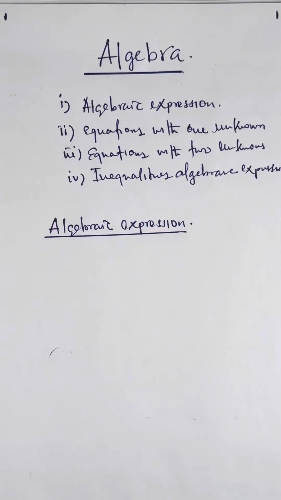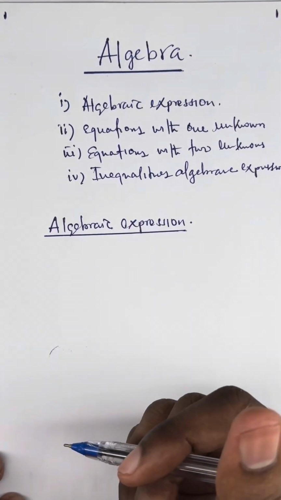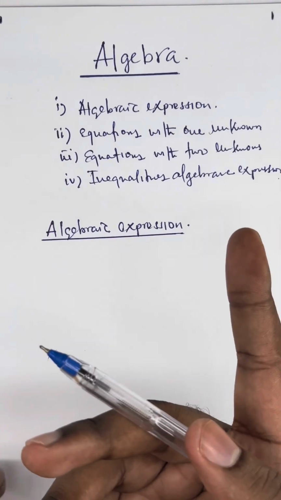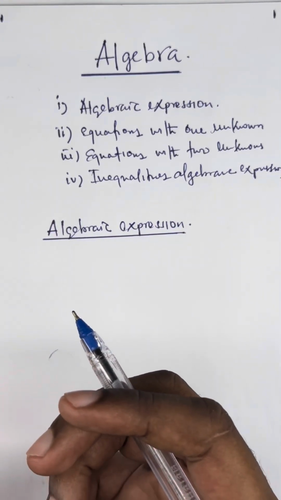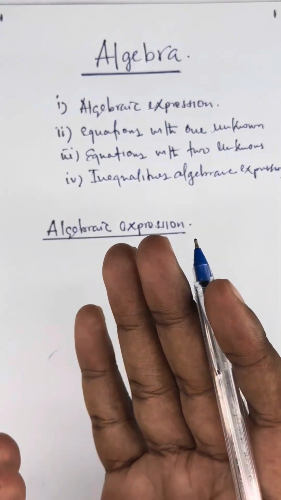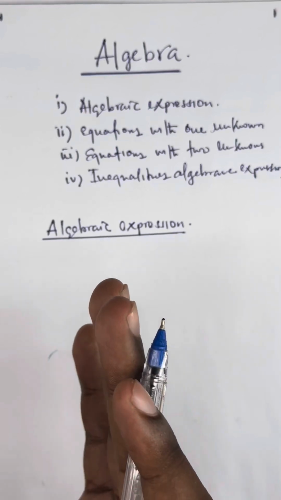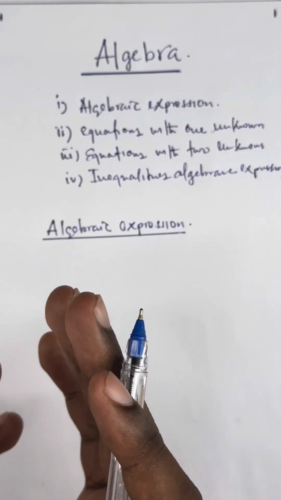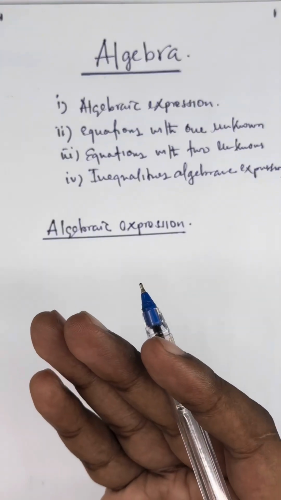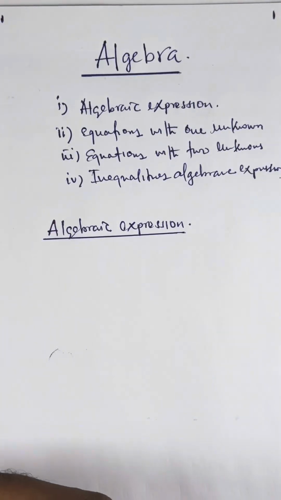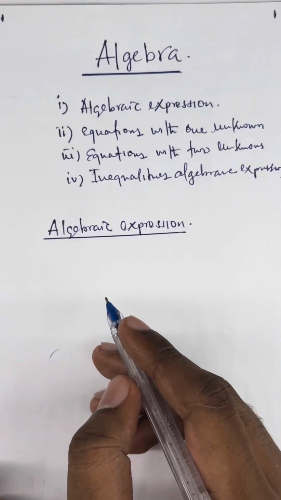Actually, an algebraic expression is a mathematical statement which contains numbers, letters, and mathematical operations such as addition, subtraction, multiplication, and division. So all of these numbers, letters, and mathematical operations are the ones which make up the term called the algebraic expression.